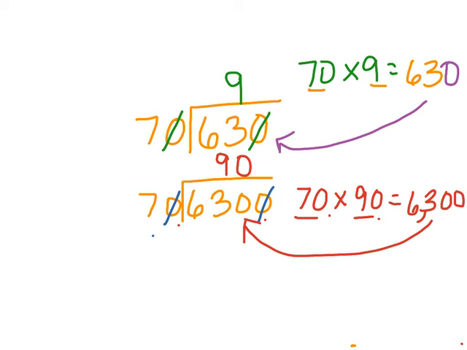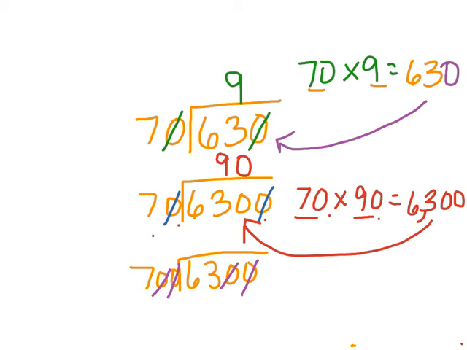Okay, now I'm going to say 6,300 divided by 700. Well, I noticed that there is a 0 here I can cross out, and there. Okay, and they both have another 0, so I can cross them out again.